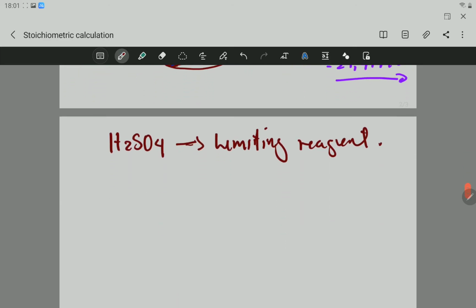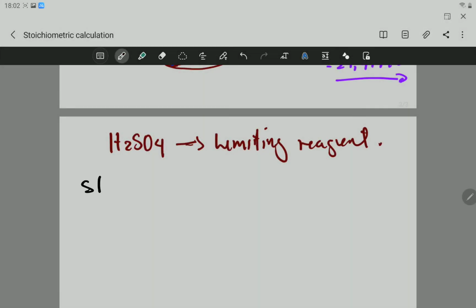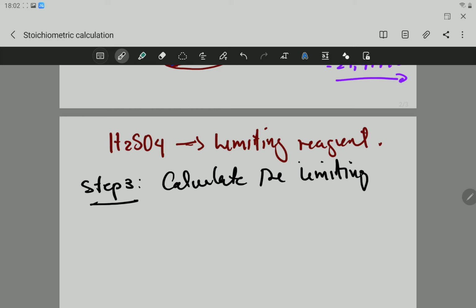Okay, so let's go to step 3. Calculate the theoretical yield.